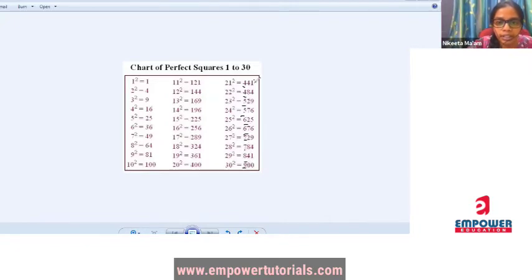Then till 25, you have to remember the squares of 21, 22, 23, 24 and 25. But after 26, if you see, this 76 is getting repeated.